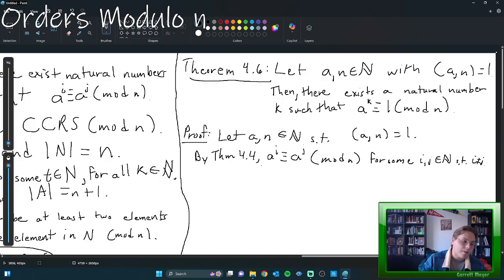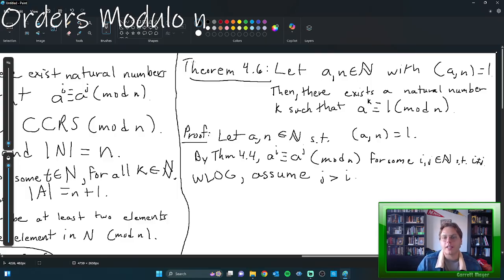Okay. And then without loss of generality, we're going to assume that j is greater than i. And if you just so happen to choose naturals where i is greater than j, just reassign them. I mean, that's kind of what without loss of generality is saying.